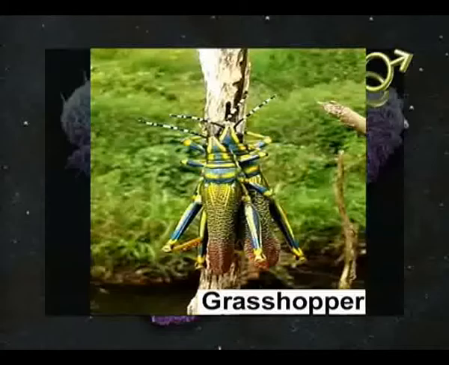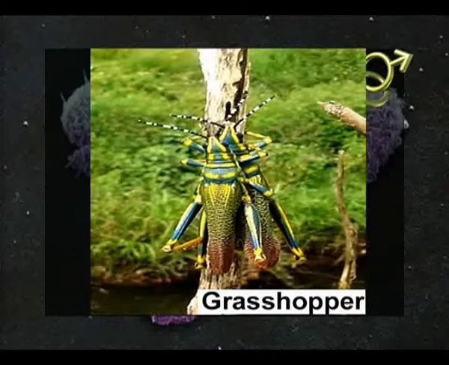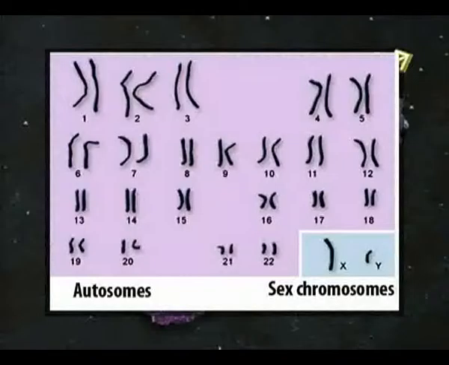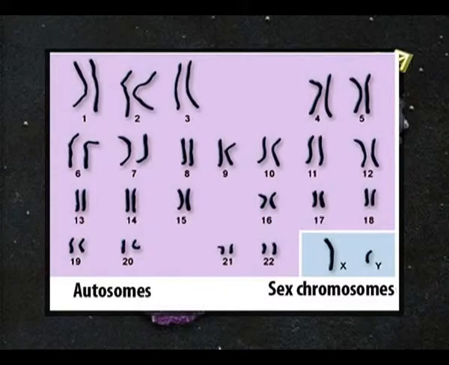He reported that somatic cells of the female grasshopper contained 24 chromosomes, while those of the male had only 23. He demonstrated that the karyotype of a cell is composed not only of common chromosomes but also of one or more special chromosomes that are distinguished from the autosomes by their morphological characteristics and behavior.